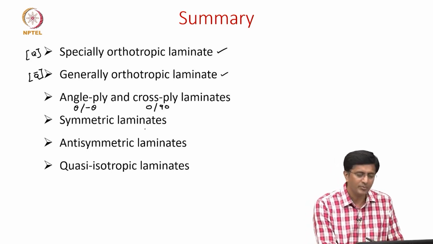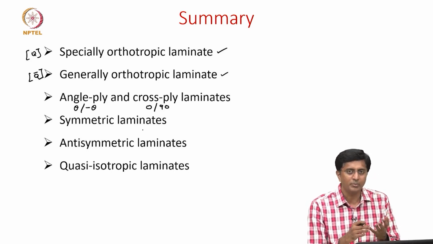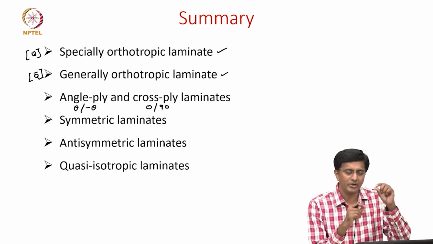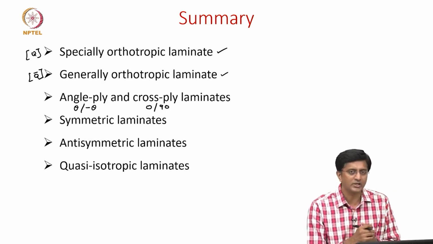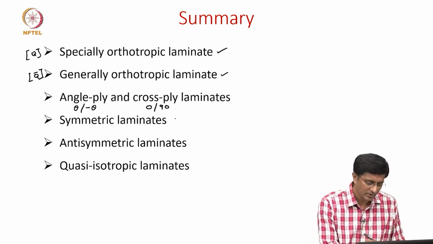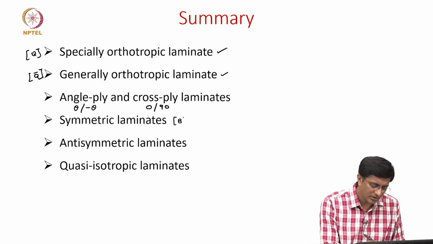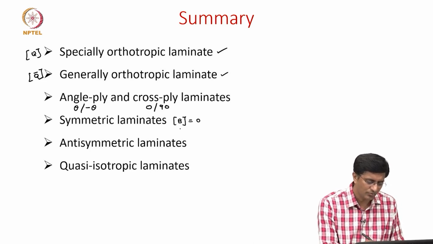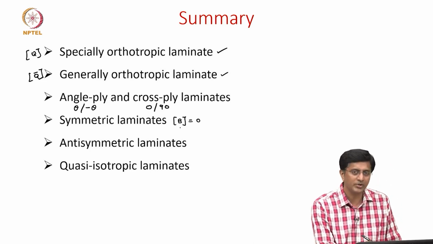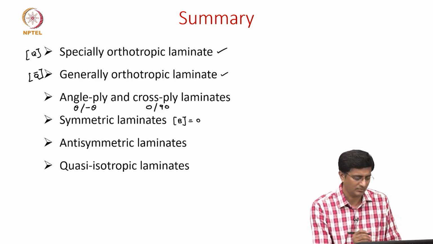For symmetric laminates, we said if the material, thickness and orientation are the same for a pair about the mid surface, then we call that a symmetric laminate. The major advantage is that the B matrix goes to 0, which means there is no coupling between extension and bending.